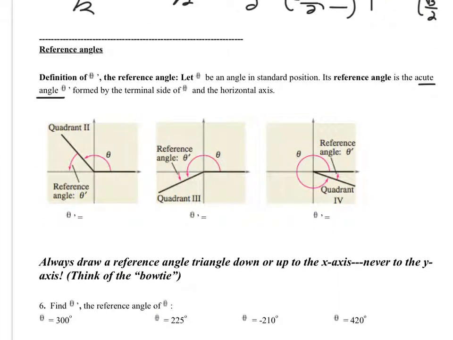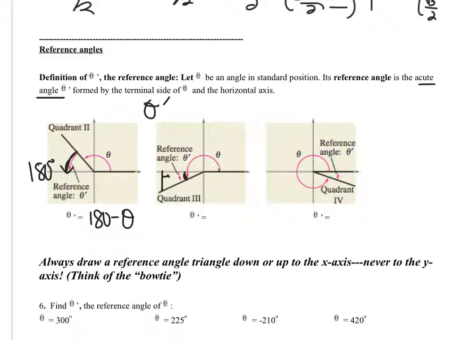Okay, so if I want to know what this little reference angle is, here's 180, so this one would be 180 minus theta. Notice the reference angle is given with a little prime symbol. How about this little acute angle that is drawn?